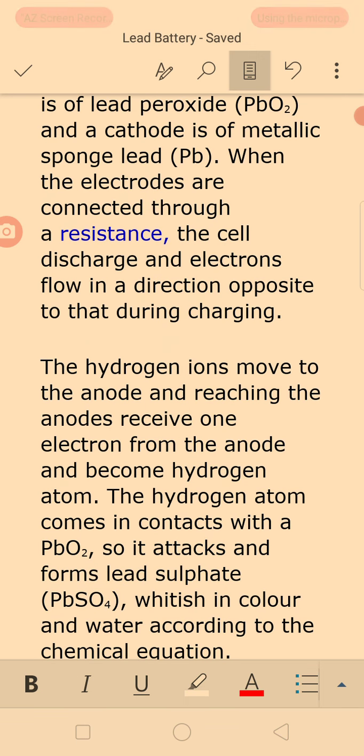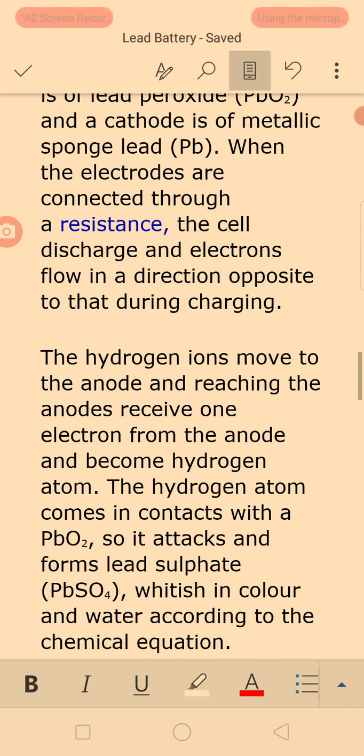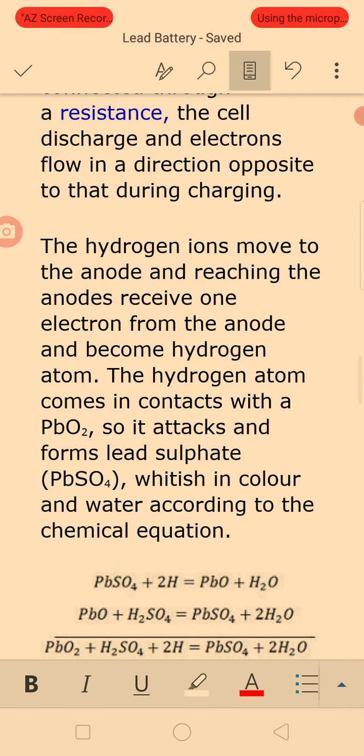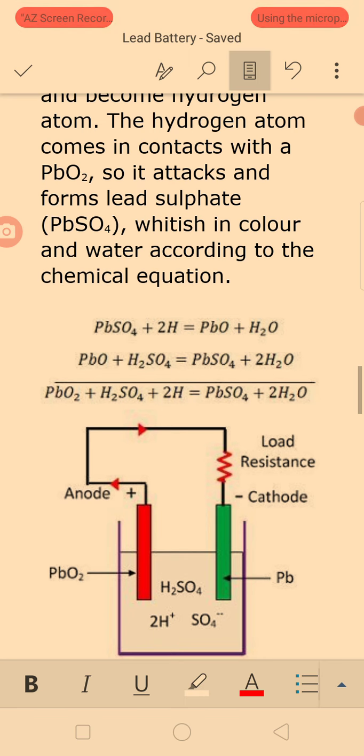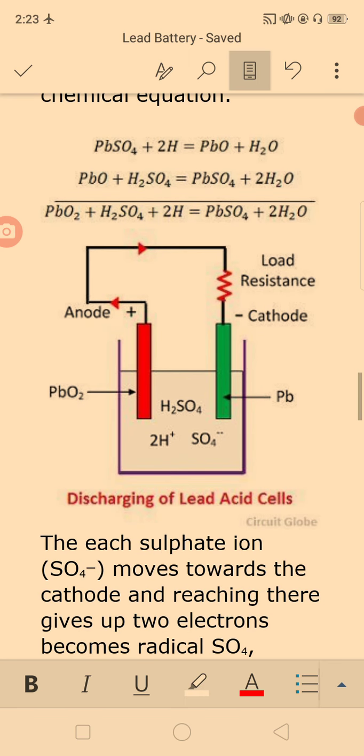It attacks and forms lead sulphate, whitish in color, and water, according to the chemical equation given here. Lead sulphate plus 2 hydrogen ions is converted into lead oxide along with water. Lead oxide reacts with sulfuric acid to form lead sulphate, white in color, and 2 water molecules are produced. And this is the discharging reaction.